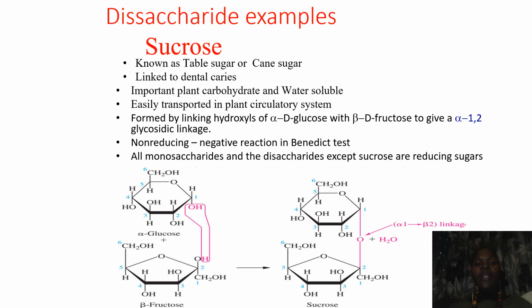So that makes it a non-reducing sugar. So in this case you can see it has been involved in the formation of the bond. So in this case sucrose is a non-reducing sugar. It means it cannot change the color of the Benedict reagent. It will not be able to change. It will retain its color as blue.